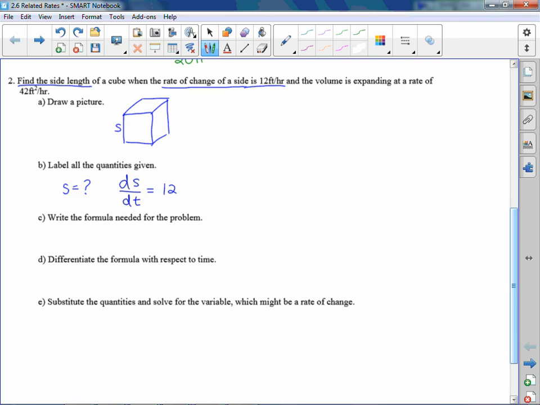Now, let's see. Is it increasing or decreasing here? Would I make it positive or negative? Let's keep reading. And the volume is expanding. This tells me it's going to be plus, because if the volume is expanding, then the side has to be increasing. So it's going to be positive 12 feet per hour.